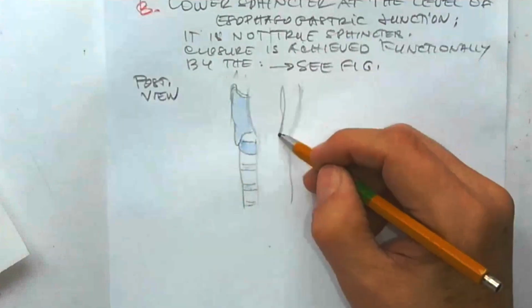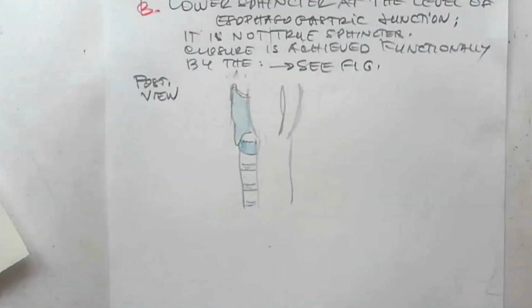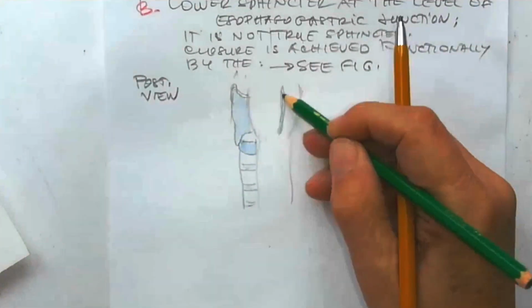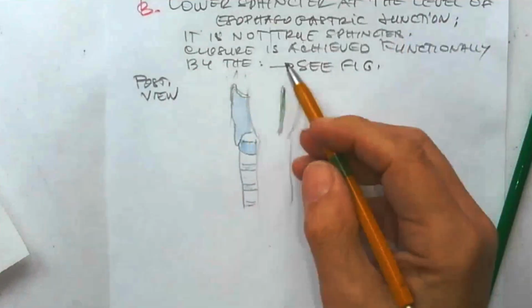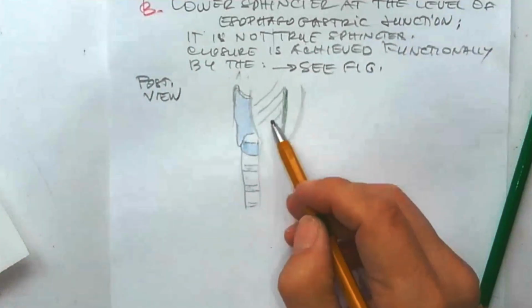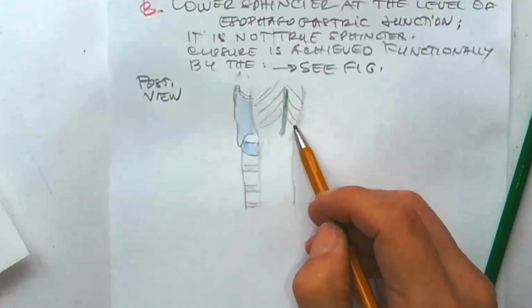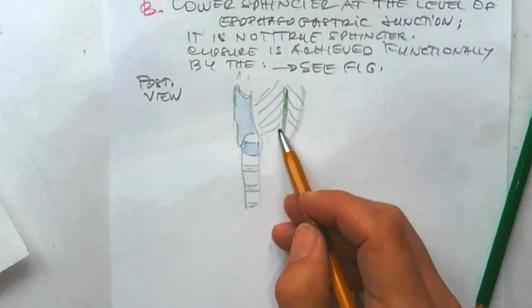Then at the center lies the raphe of the pharynx, and then drawing the fibers that run obliquely, right?